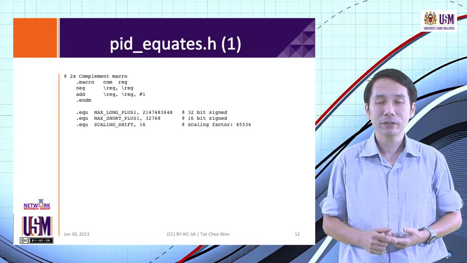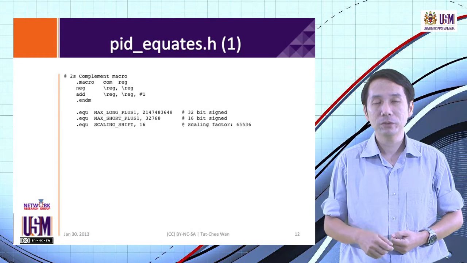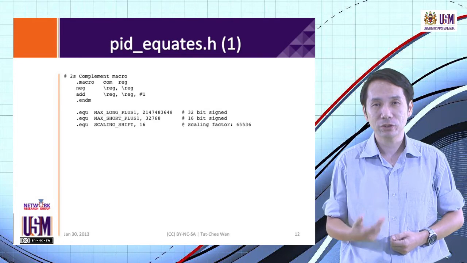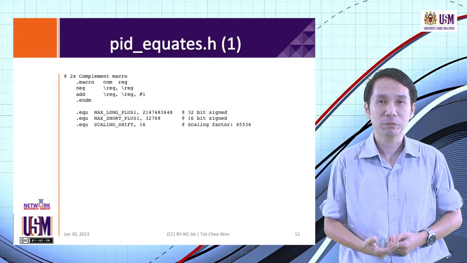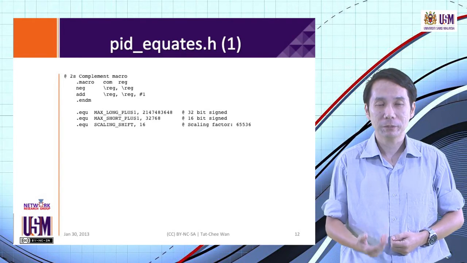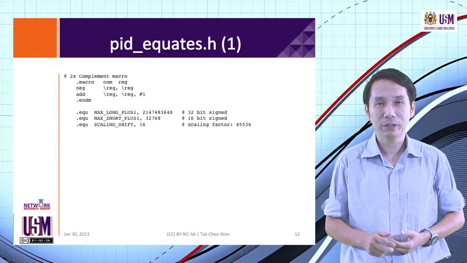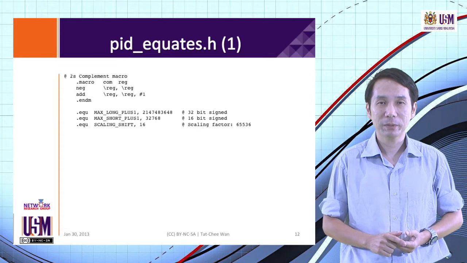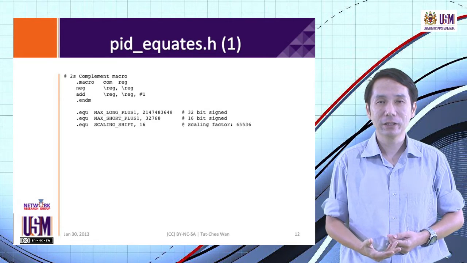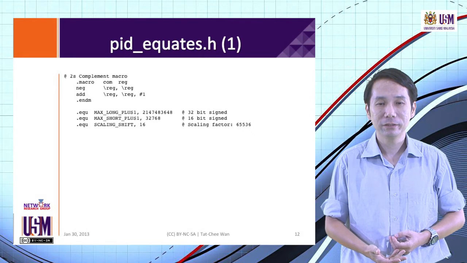Here we define first a macro to perform 2's complement, because there is no native ARM instruction to perform 2's complement operation. Then we define some constants we shall need for the rest of our discussion. The maximum long value plus 1 and maximum short value plus 1 are used to set the limits for checking whether we have exceeded the range of a certain value.